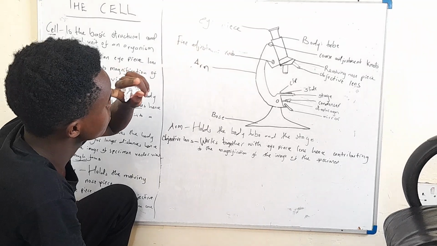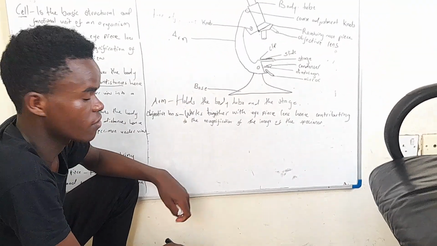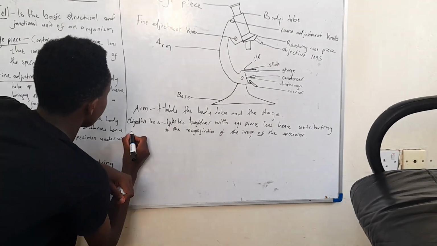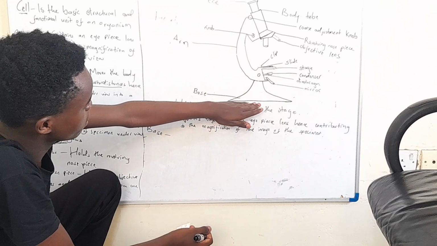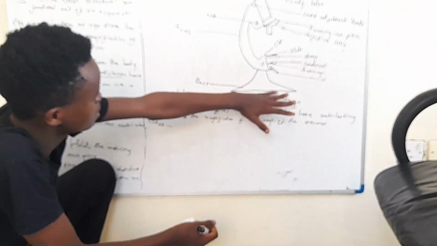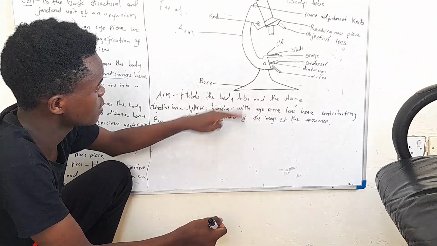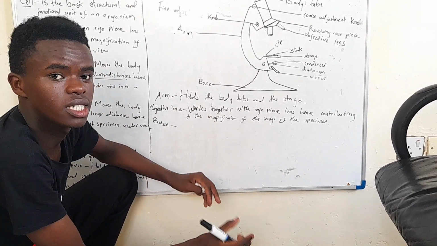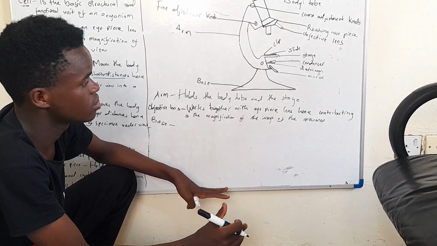Now we go on to the base. What's the work of a base? As you can see, the base is flat and broad. So what's its function? Its function is very simple. It holds the microscope firmly onto the bench or whatever you are placing it on.